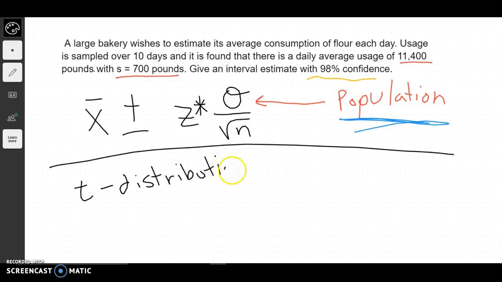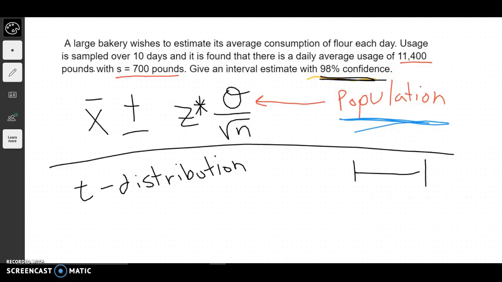And here's what a t-distribution does. A t-distribution says, because we don't really have a good estimate of our actual population's distribution, we're going to give a little bit of degrees of freedom. We're going to actually make the confidence interval wider than it should be to give us a little bit of extra confidence here.